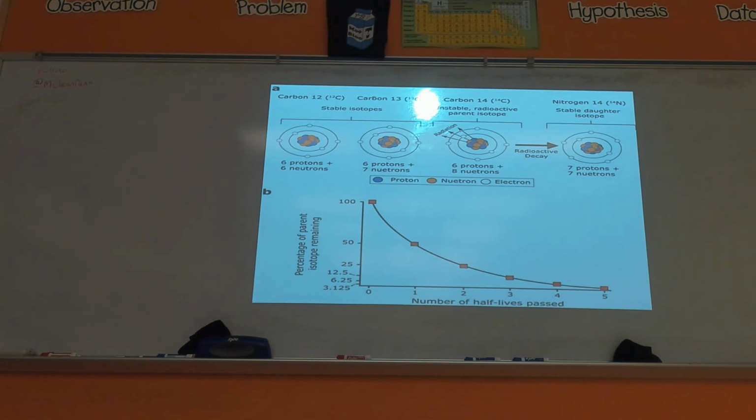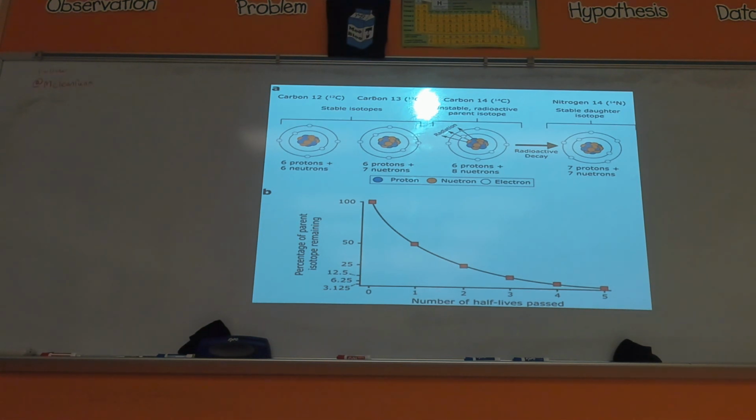Meaning if I have 100% of my radioactive carbon-14, after one half-life, what percent would I have left? 50%, right? Because it's cut in half. What percentage of nitrogen-14 do I now have?